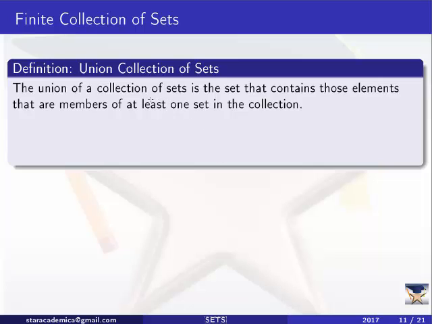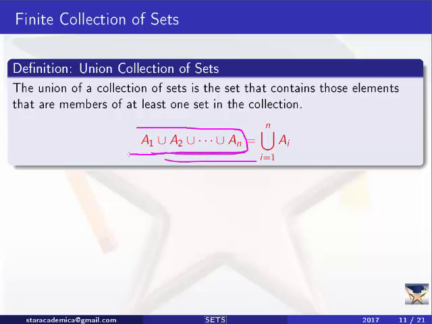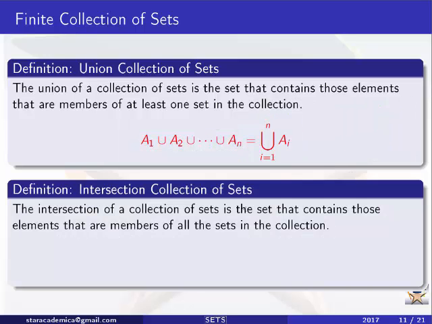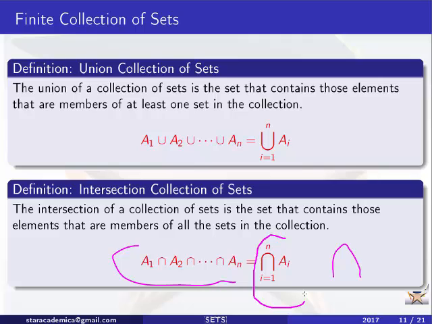Union of a collection of sets: we can have n finite sets, call them A1, A2, up to An, and the union of these sets from 1 to n can be easily represented by these special symbols. So we have a big U for the union, starting from 1, where i is the index of the sets, so Ai, up to n. Similarly, we take the intersection of n sets, and we use the big cap to represent this intersection.